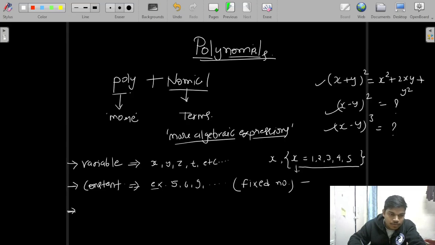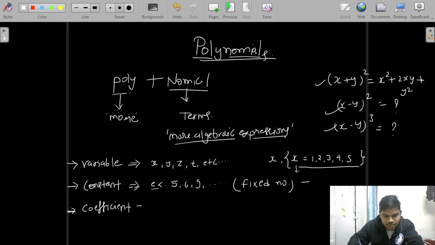Now I need a coefficient. A coefficient is whatever quantity is multiplied with the variable.